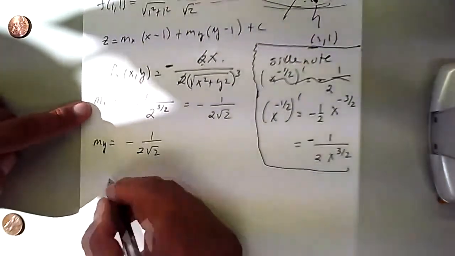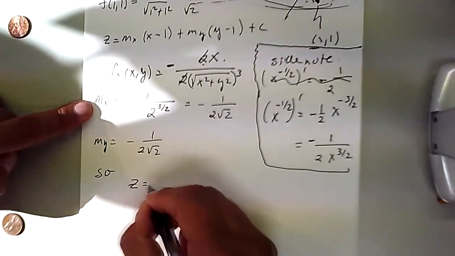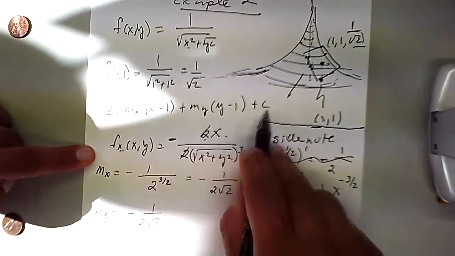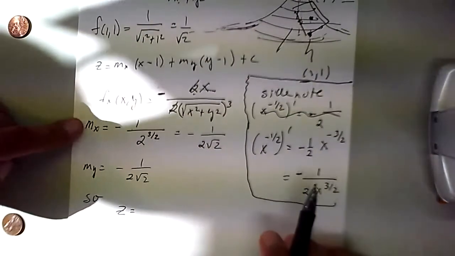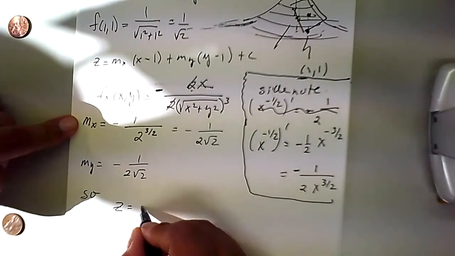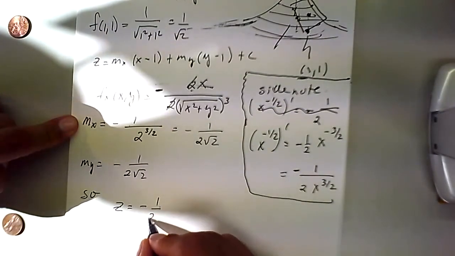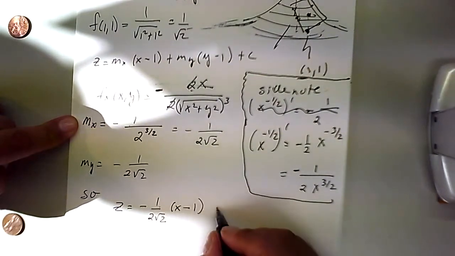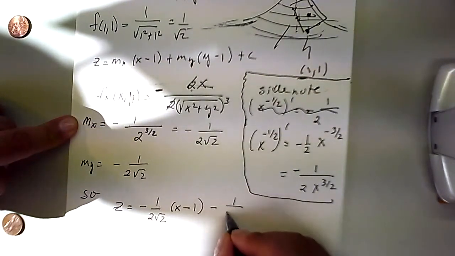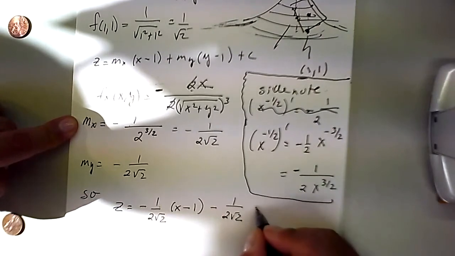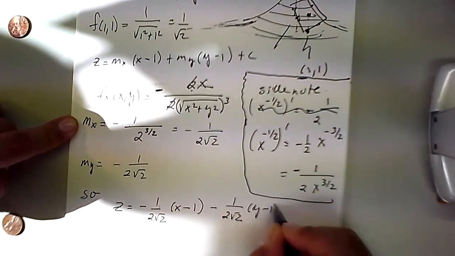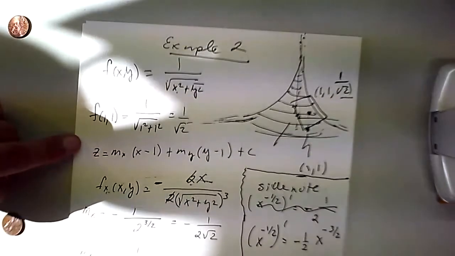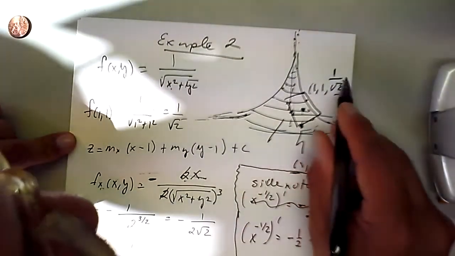So z, going back to the equation of the plane, will be negative 1 over 2 root 2 times x minus 1, minus 1 over 2 root 2 times y minus 1, plus c. But c, remember, is 1 over the square root of 2.